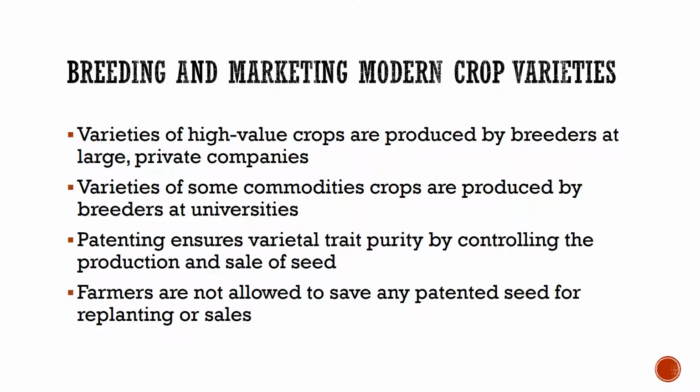So, how is marketing all intertwined with all of these modern crop varieties? Really high value in terms of crop production by the breeders, by really big, large and private companies. So we'll talk about the big merger that we've had with Bayer and Monsanto and how that's kind of affected seed prices.